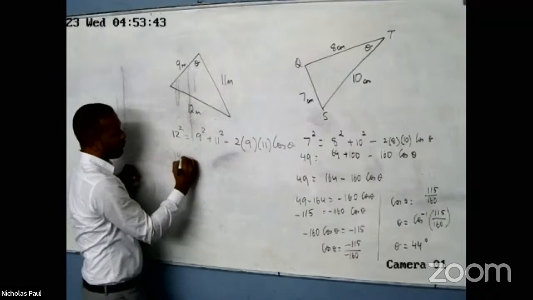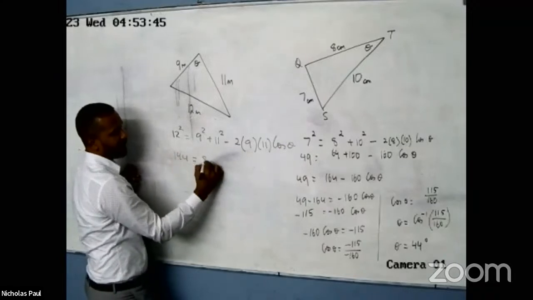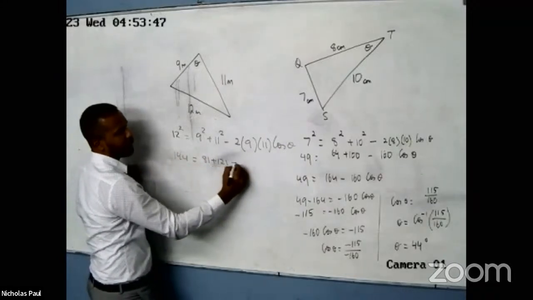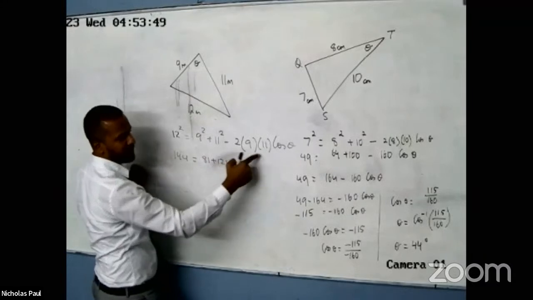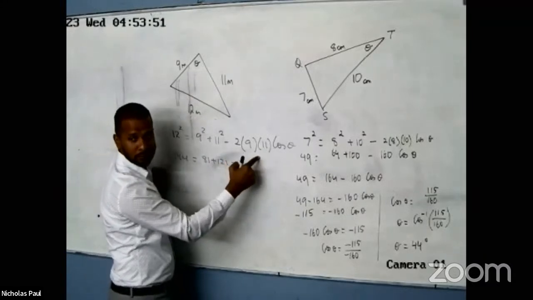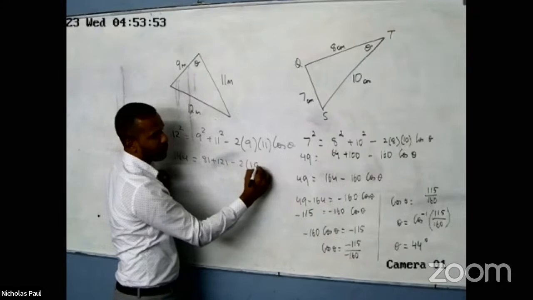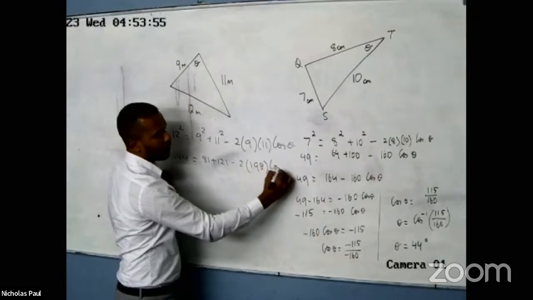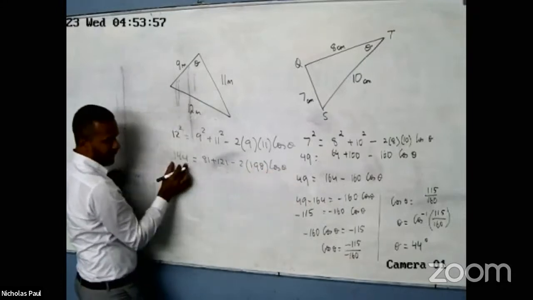This is 144. This is 81. This is 121. What's this here? 99 by 2. What is this? 198 cosine theta. I'm moving this here.